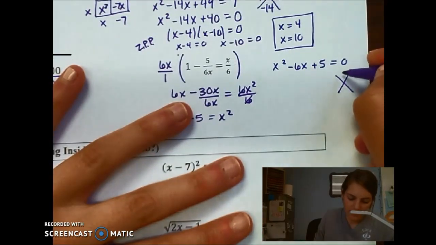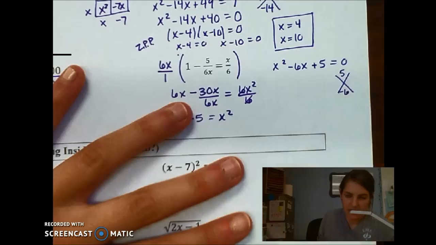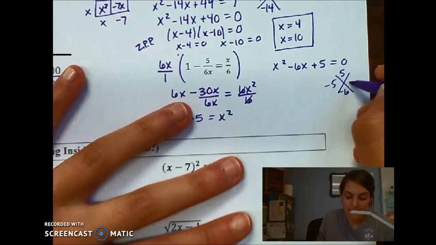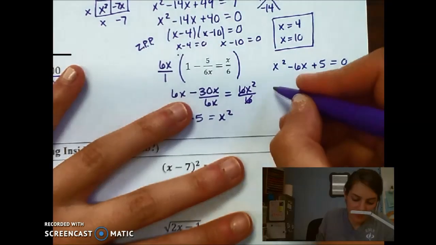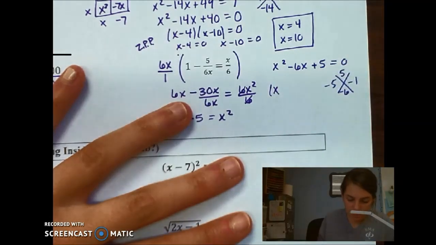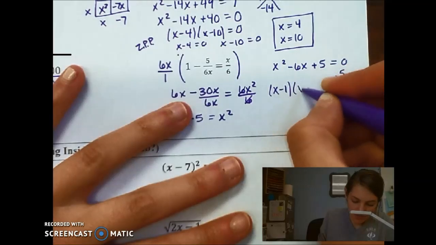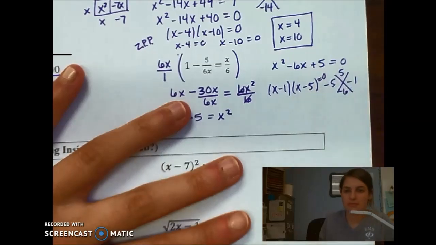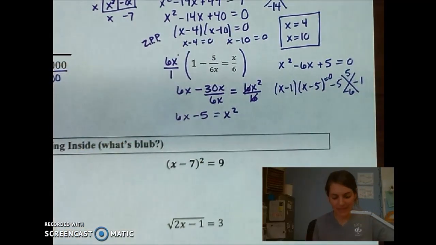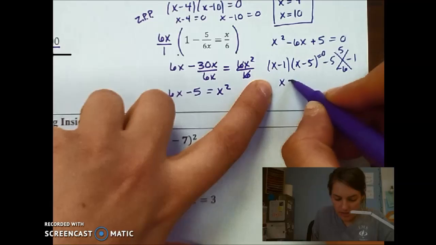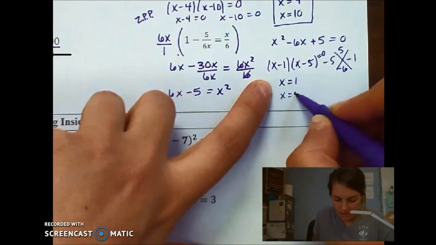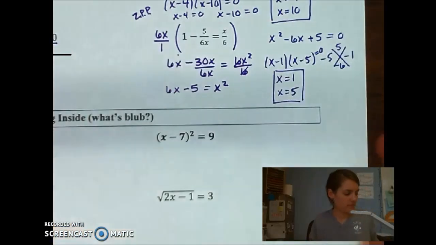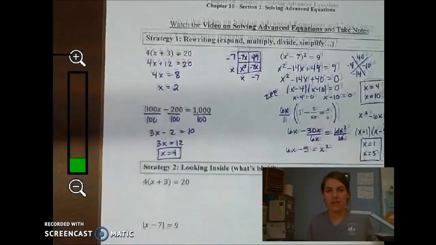What multiplies to 5 and adds up to negative 6? Negative 5 and negative 1. So the factored version would be x minus 1, x minus 5 equals 0. My work's getting kind of sloppy. And then the two answers for x would be x equals 1 and x equals 5. So that's what we mean by rewriting.